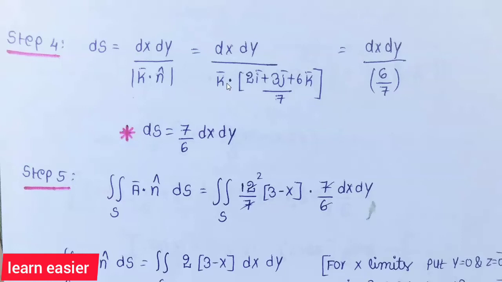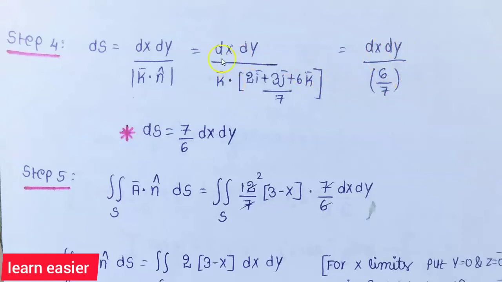So only we have to multiply the coefficient of k bar here. So here we have mod also, but it is not written here. So let's multiply: the coefficient of k bar is 1 and here we have 6 by 7. So 1 into 6 by 7 is 6 by 7 only. So dx into dy by 6 by 7.